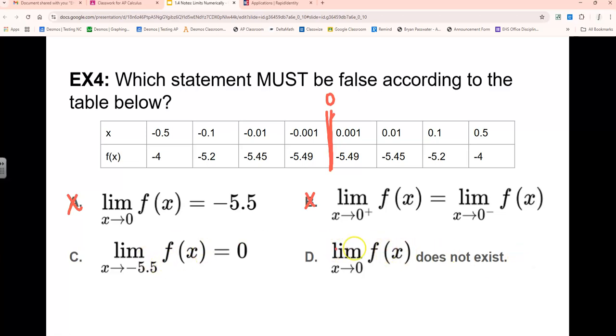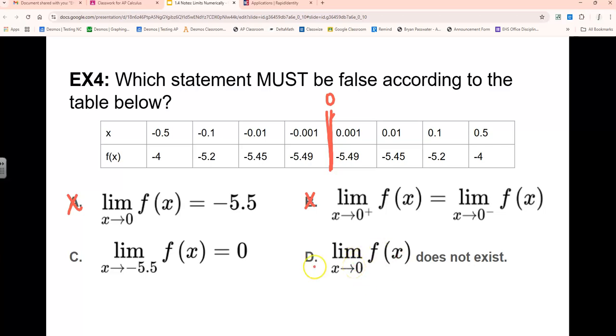Let's look at the other one, because if we mark out that one, then that should mean D is the answer. So limit as X approaches 0 of f of X does not exist. What did we say we thought the limit looks like it is? It looks like A is what you're making the assumption here. So it feels like D should be false, right?